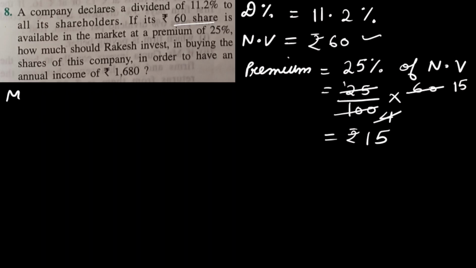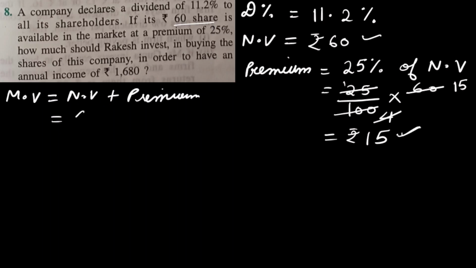So immediately we can find the market value. Like I have told you from the start of the chapter, I am telling you again and again: when premium is given in percent form, first write that percent of nominal value and find its value. Then market value, when it is premium, is nominal value plus premium. Sometimes the premium is given directly in rupees, and in those cases we can directly add; no need for this process.